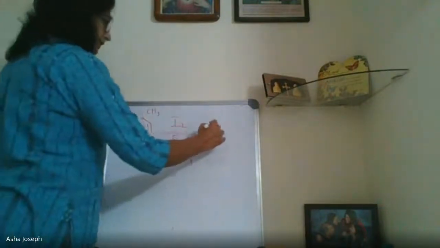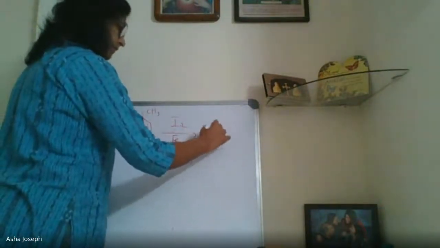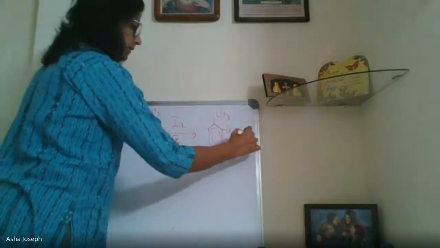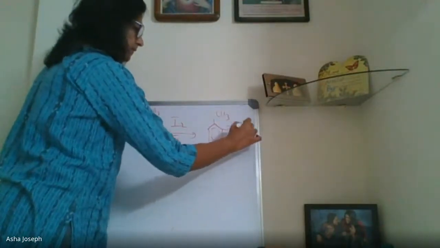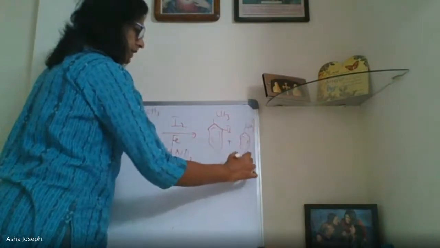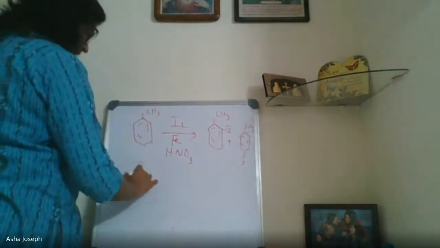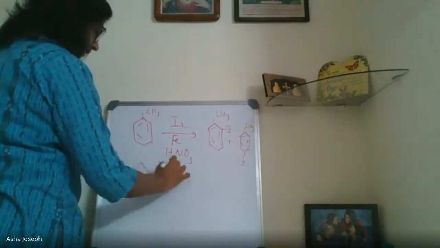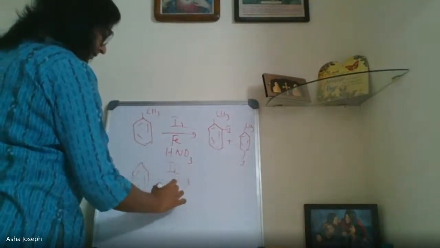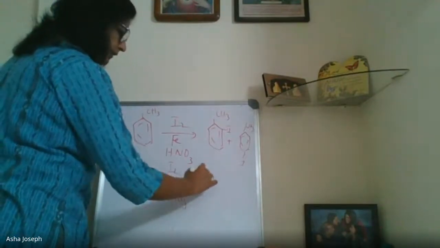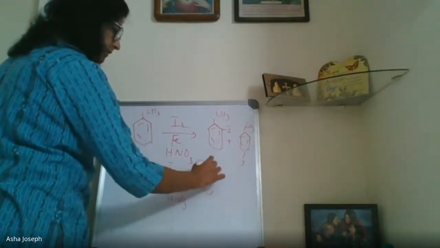Then I will get the ortho and para iodotoluene. And from benzene, if I take iodine, iron and nitric acid, nitric acid is also required. Then I will get iodobenzene.